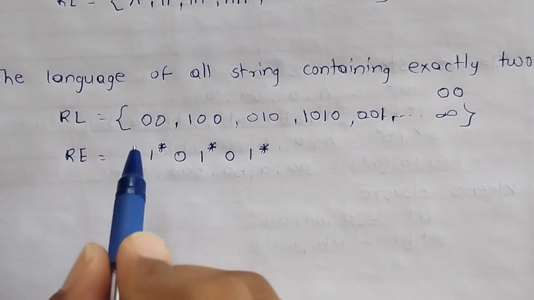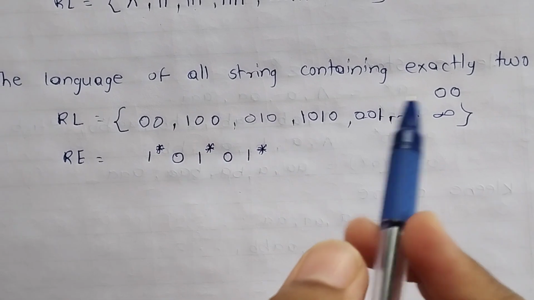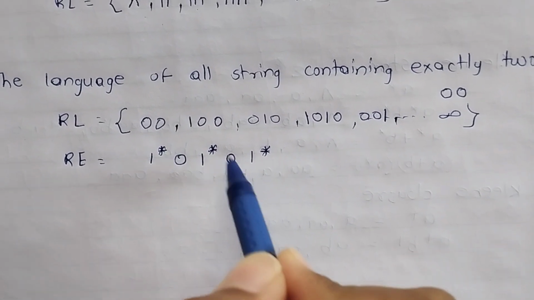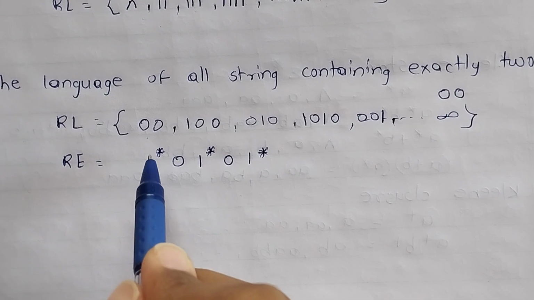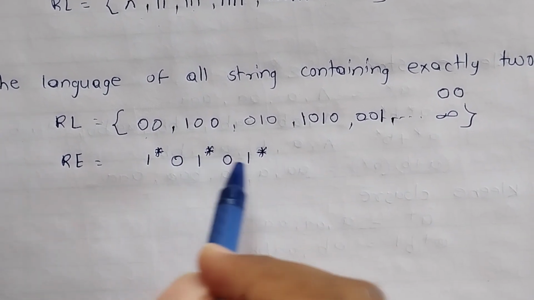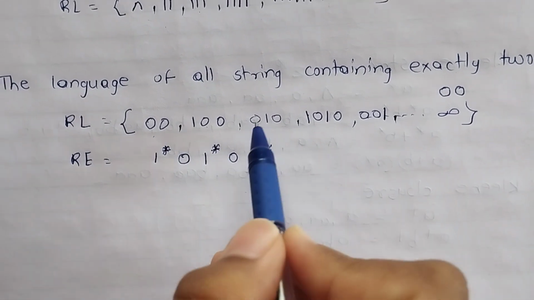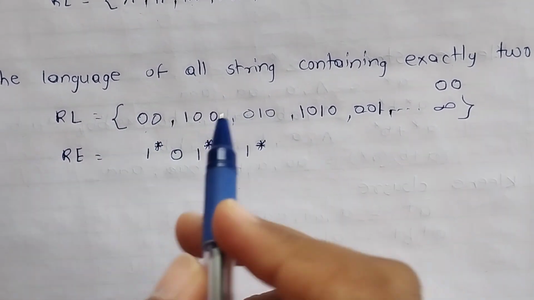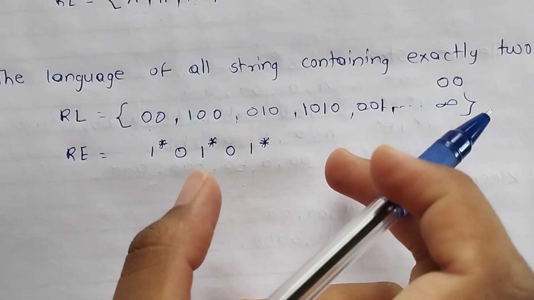Now we check whether this regular expression gives the same result as the regular language. Suppose at the start all 1s are null. Then only 2 zeros remain, so we write 00. Now suppose we take 1 and the other two are null. Then we get 100. Then we want 010: this 0, this 1, and 0, and the other two 1s are null.